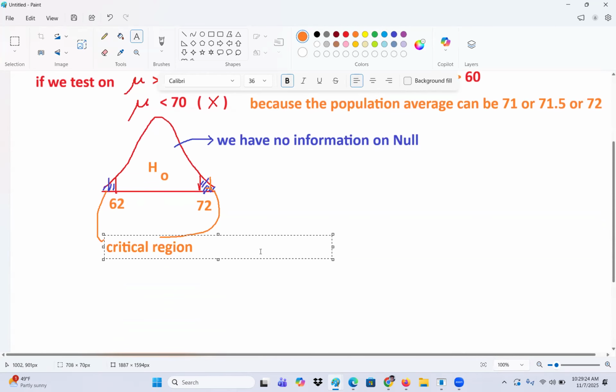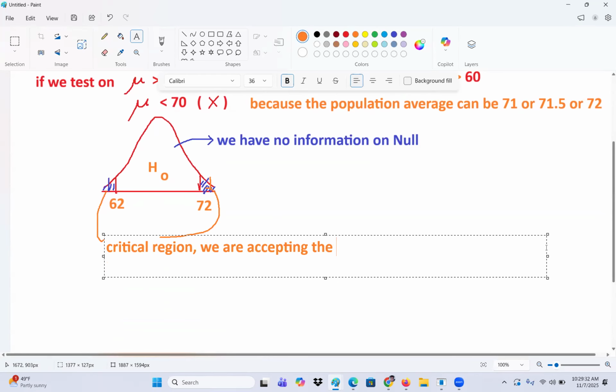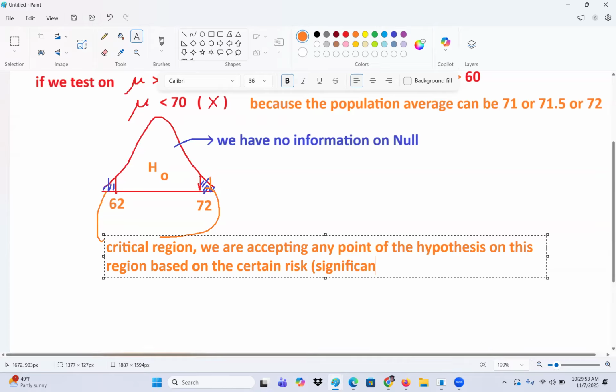We're going to accept any hypothesis in this region based on a certain risk that we take, which is called the significance level.